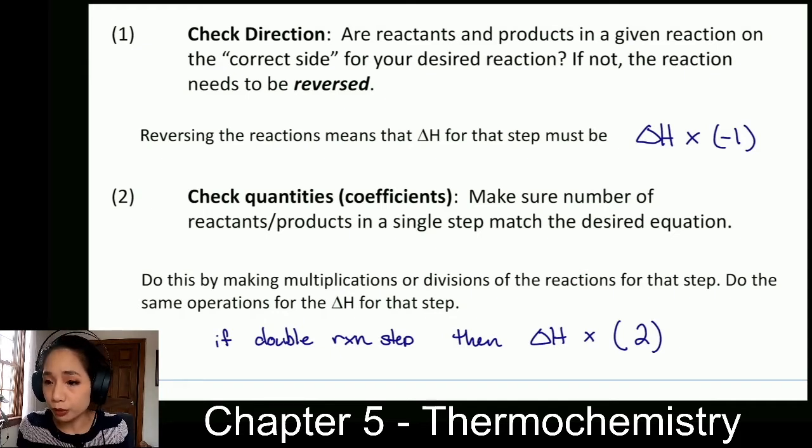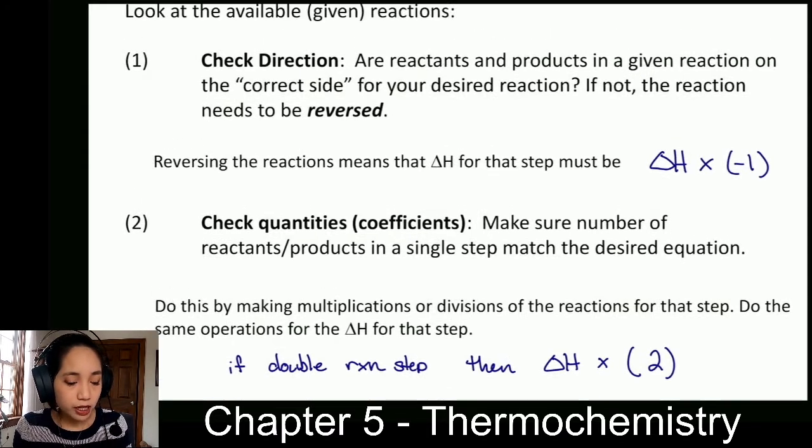If you double the reaction, you double the heat produced or consumed in that reaction. Whatever factor you multiply that step by, you must do the same thing to the delta H value. So if you double a reaction step, you also double the delta H value. Triple that step, you have to triple, or multiply by 3, the delta H value.